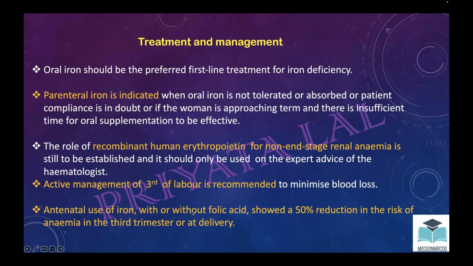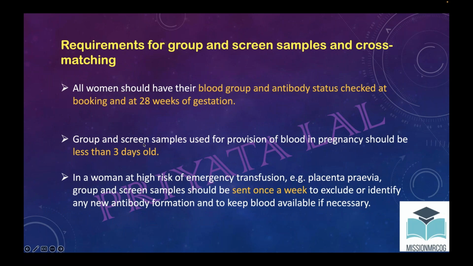Now what they say is that blood group and antibody status check should be done at booking and at 28 weeks. They are repeating the same thing in every guideline every time. And for a group and screen sample, if we have to do a group and save for any patient, the sample should not be 3 days old.